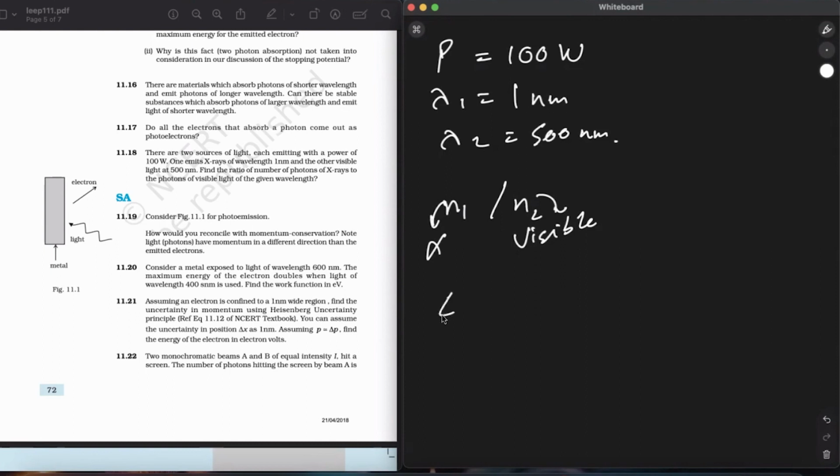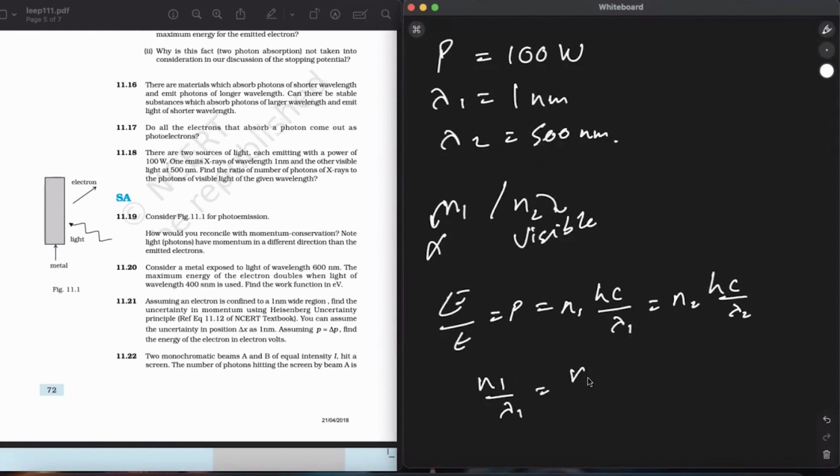Power P equals N h c by lambda, so N1 h c upon lambda 1 equals N2 h c upon lambda 2. That means N1 upon lambda 1 equals N2 upon lambda 2. Now putting in the values.